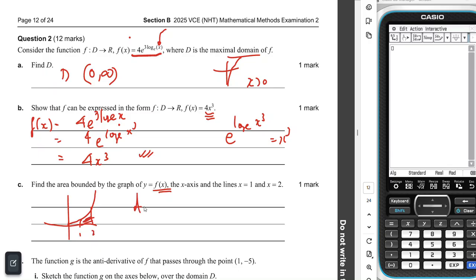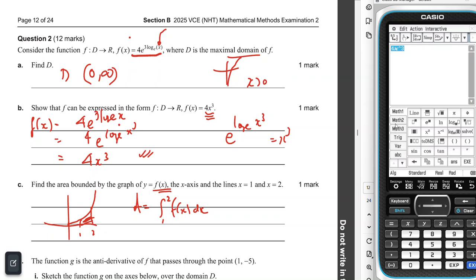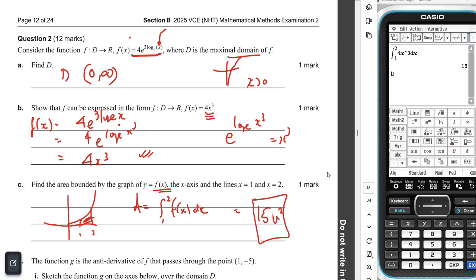So the area is going to equal the integral from 1 to 2 of f of x dx, which will be 4x cubed, integral from 1 to 2, dx, and that gives me 15 units squared. I'll write units squared because it's an area.